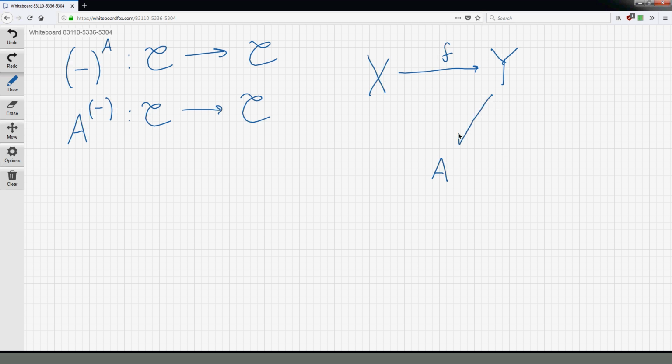If we have a morphism from y to a, we can compose that with f and get a morphism from x to a. So this functor actually reverses the direction of the arrows when it maps morphisms. And we call this a contravariant functor. I'll type up the definition.